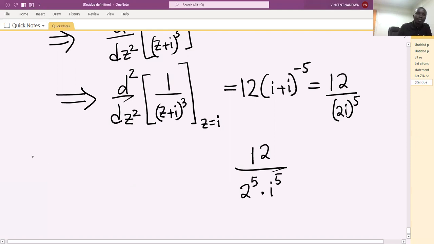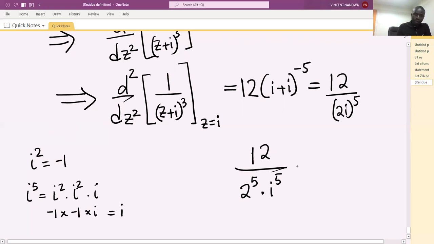You see i squared is negative 1, so i power 5 can be written as i squared times i squared times i. So this is negative 1 times negative 1 times i, which is just i. Two power 5 is 32.